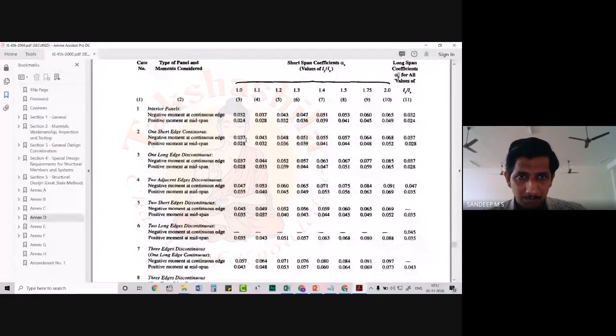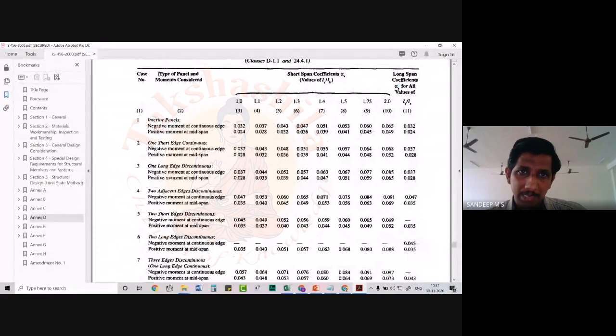Now coming over here, you can see the type of panels and moment considered. Then we have the shorter span coefficient, alpha x, and the longer span coefficient, alpha y. For alpha x, we have the Ly by Lx ratio given here, and correspondingly different conditions on type of panels: interior panel, one short edge continuous, one long edge discontinuous, and so on.